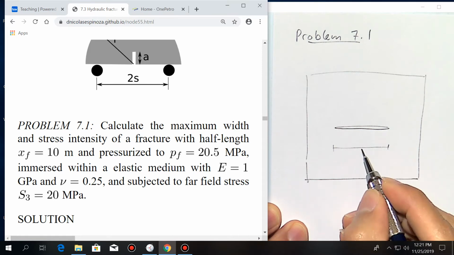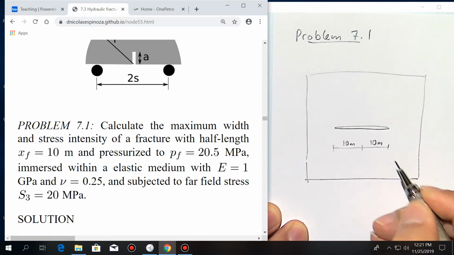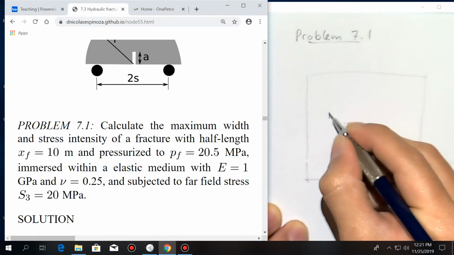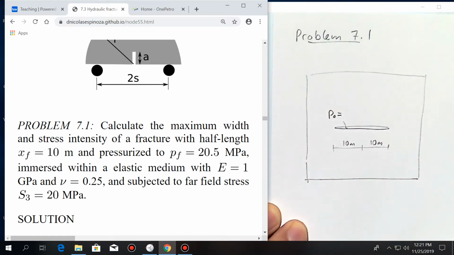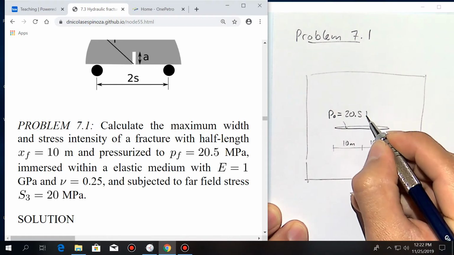So this is 10 meters. This is 10 meters. It has a pressure inside, constant along the fracture, of 20.5 MPa.